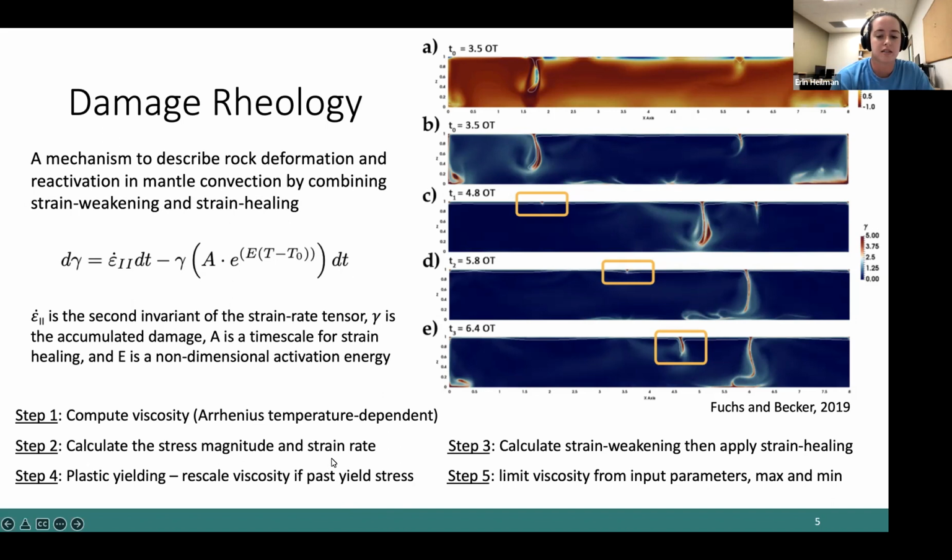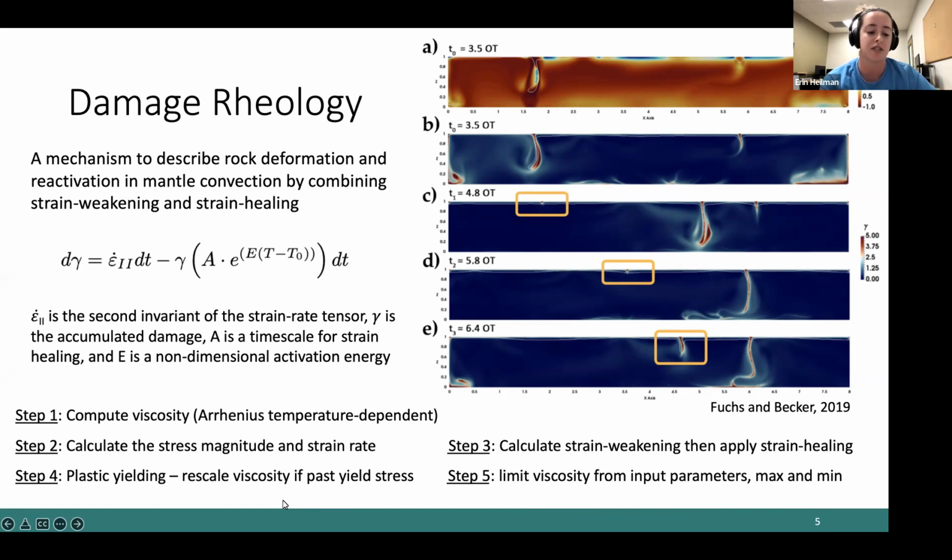So how it all works in Aspect is you compute the viscosity. In our case, we're using an Arrhenius temperature dependent viscosity, which basically is temperature and depth dependent. It will calculate the stress magnitude and the strain rate in whatever particle you're in, and then calculate the strain weakening that's there, and then apply that strain healing.